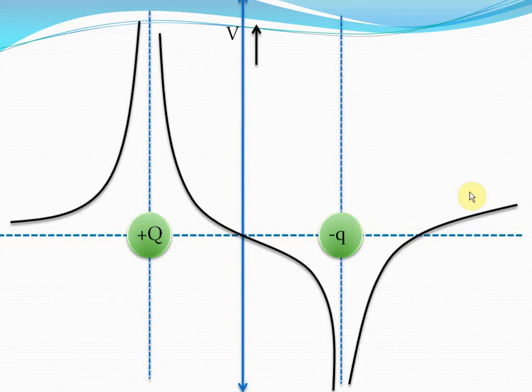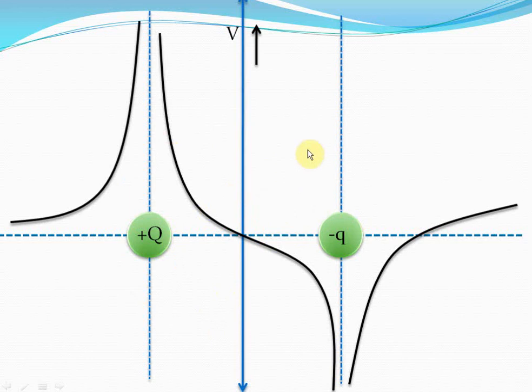You see, the electric potential will be the sum of the electric potentials of this charge and this charge. As you can see, it will be 0 at some point on the axis because plus 1 by 4 pi epsilon naught into q by r will somewhere cancel minus 1 by 4 pi epsilon naught into q by r. At the point where the cancellation occurs, the net electric potential will be 0, isn't it?